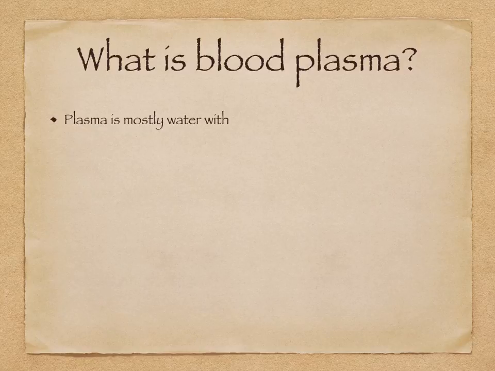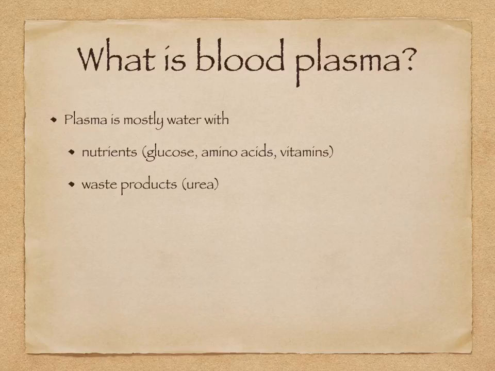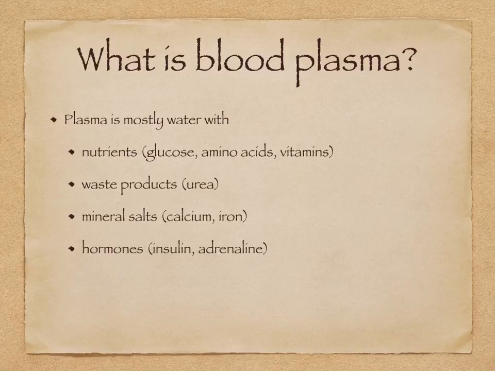So let's have a look at the different chemicals that are transported in plasma. You've got nutrients, for example, glucose, amino acids, and vitamins. Waste products, for example, urea. Mineral salts, for example, calcium and iron. Hormones, for example, insulin and adrenaline.